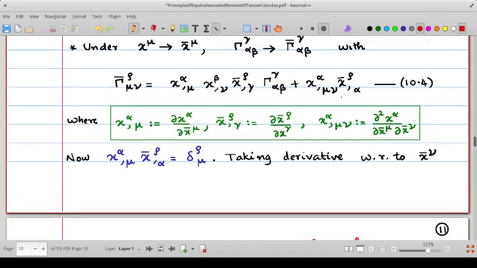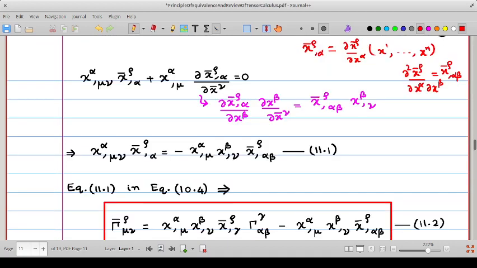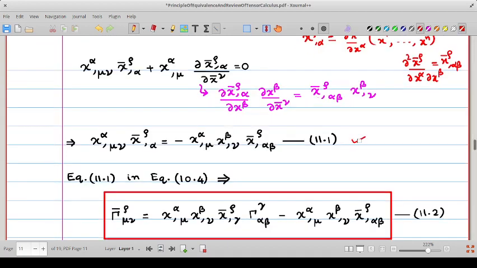Now in this transformation equation, we replace this quantity, that is x alpha comma mu nu, by this expression, and we get gamma bar rho mu nu, and this first term remains the same. It is only in the second term that we use this expression for this.